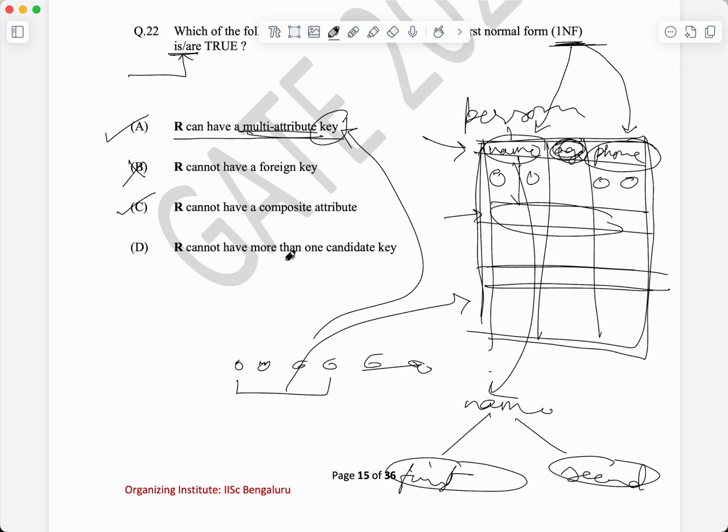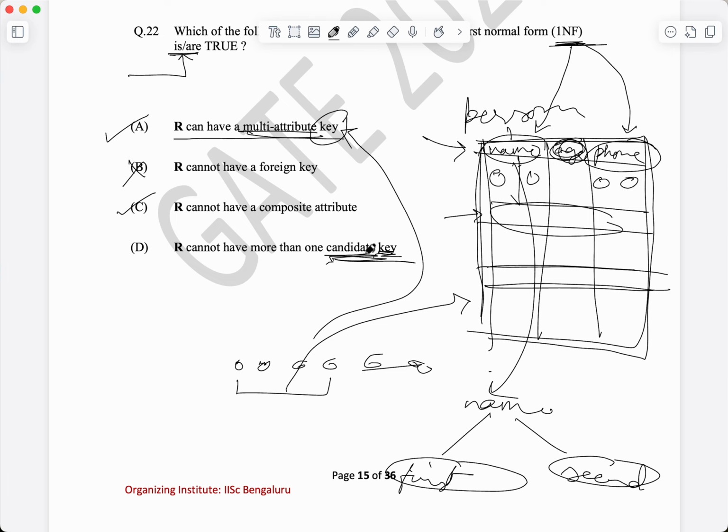D states that R cannot have more than one candidate key. Now that is false. Why is it false? Because a candidate key is a key, so it will uniquely identify a record, but candidate means with a minimum number of attributes.